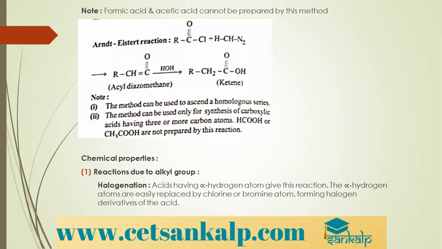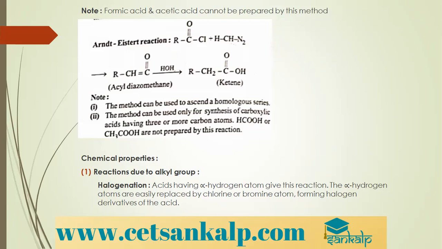Acidic strength is directly proportional to the minus I effect and inversely proportional to the plus I effect. Remember this. Minus I is nothing but negative inductive effect, that means the pull will be towards the substituent. So acidic strength increases when it is towards the substituent, and decreases when it is away from the substituent.